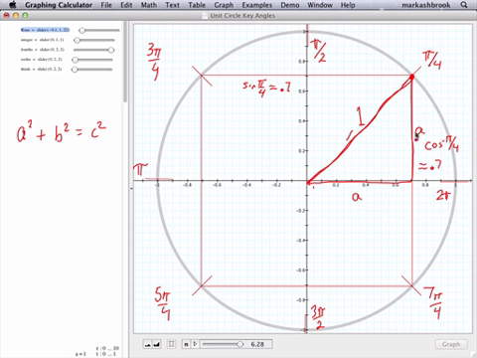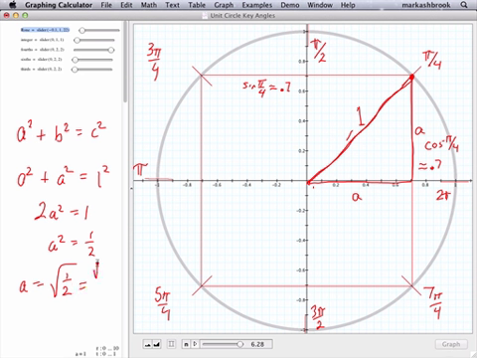Look, A and B are the same. We called it A, right? And what's C squared? 1 squared. All right, so 2A squared equals 1. A squared equals a half. A equals? Now, algebraically, it's plus or minus the square root of a half, but we have positive distances, so I'll just take the plus, okay? And that is the same as square root of 2 over 2.